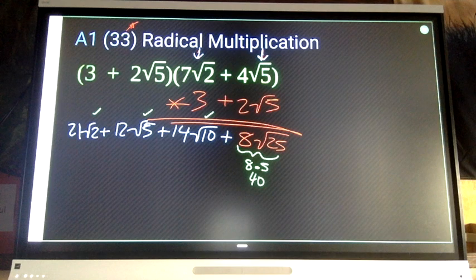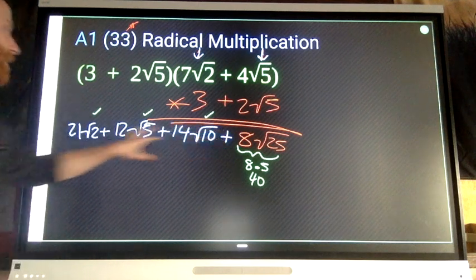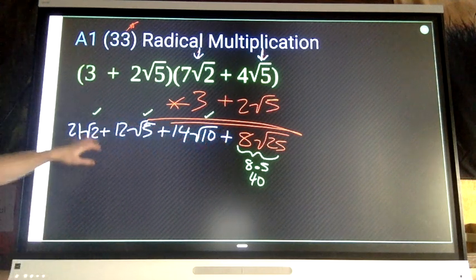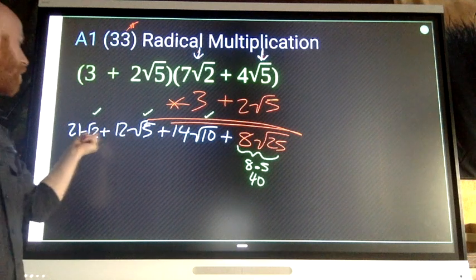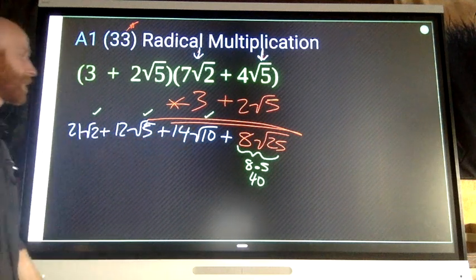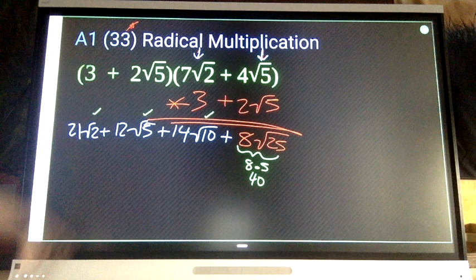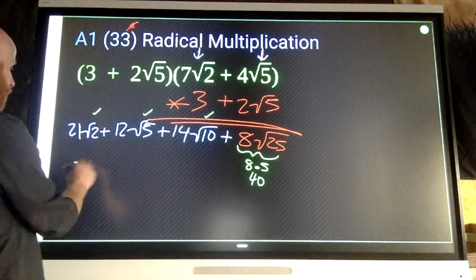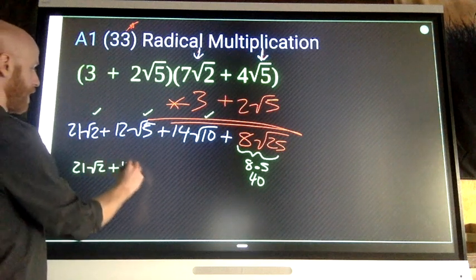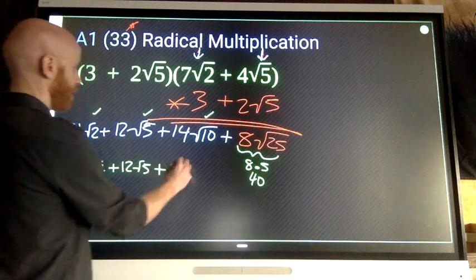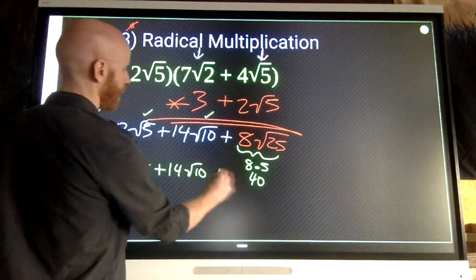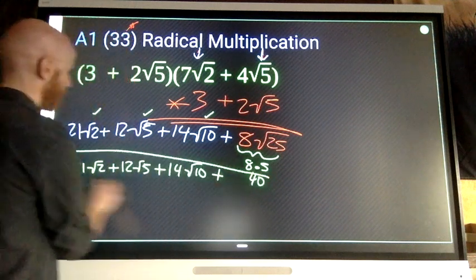For my final answer, I can't combine any of these together because they all have different radical components. So the final answer is 21 square root of 2 plus 12 square root of 5 plus 14 square root of 10 plus 40.